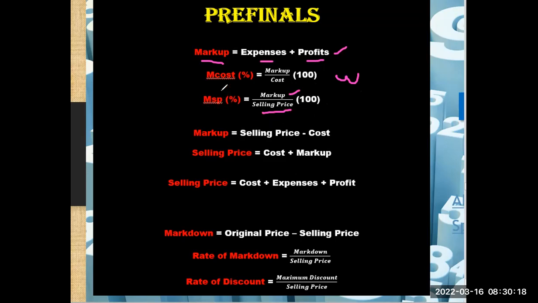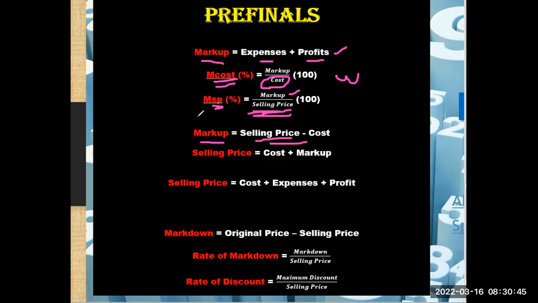Next. So, palagi, tandaan nyo, pag sinabing markup based on cost, ang denominator will always be the cost. Pag markup based on selling price, ang denominator ay palaging selling price. So, depending on the given, depending on the basis ng kanyang computation. Ayan. So, this one, markup is equals to selling price minus cost.